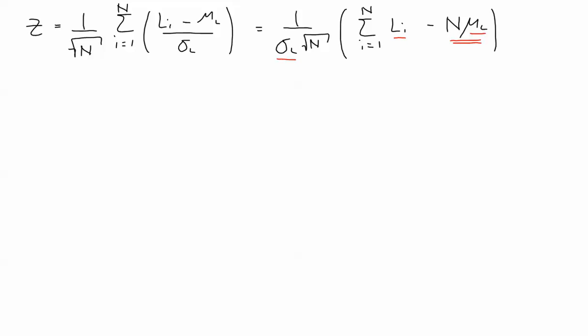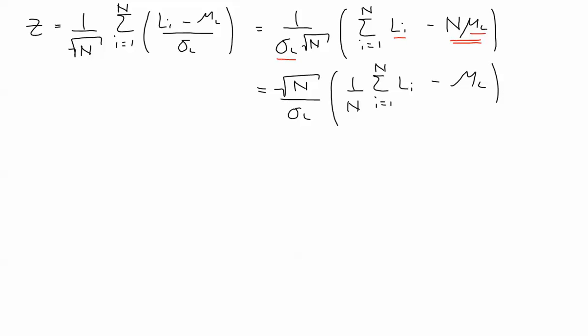All right. Now what I'm going to do is multiply and divide by the square root of n, and I get square root of n over sigma L times 1 over n summation i equals 1 to n of L sub i minus mu sub L. Now you'll notice this, I just add up the gear pin lengths and divide by the number of samples.